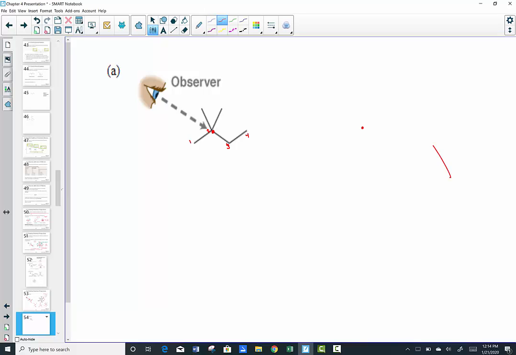Carbon 2 is a dot on the page. I notice a methyl group coming up and to the right, and it has another methyl group coming to the left and straight down as well. So there are 1, 2, 3 methyl groups on carbon 2. Carbon 3 is an open circle.